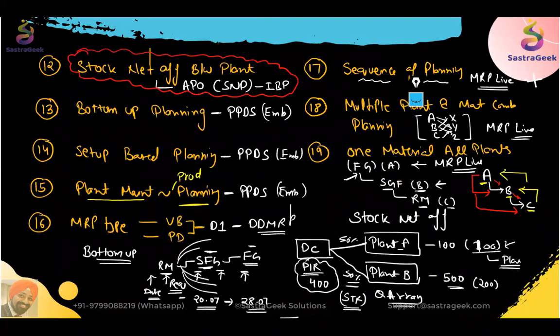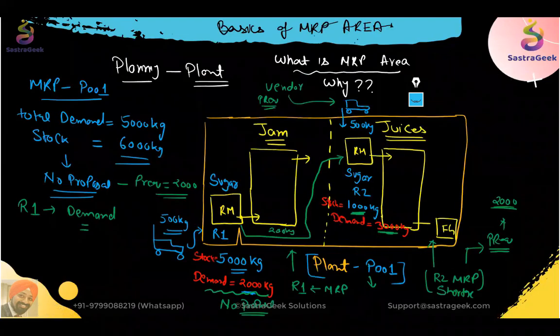Here also we discussed some things. We discussed setup-based planning, bottom-up planning, and stock net-offs. Then we went ahead and discussed the MRP area, that is, what is an MRP area and why do we require an MRP area.